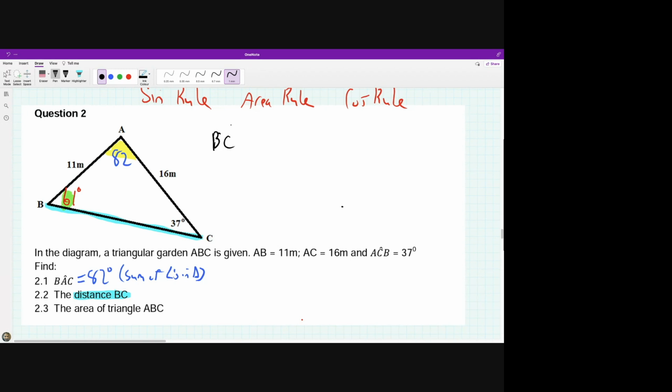So we would go BC squared is equal to, now what are the two sides that I'm focusing on? I'm focusing on 11 and 16.